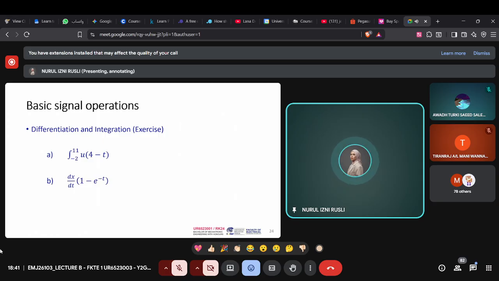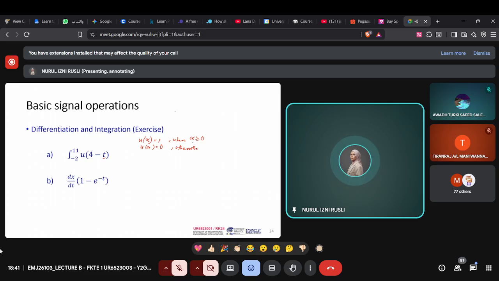So by definition, u of t is a unit step function, but I don't want to use t because you are having t here. Let's say I replace it with alpha. So u of alpha is equal to 1 when alpha value is greater than or equal to 0, and u of alpha is equal to 0 otherwise.